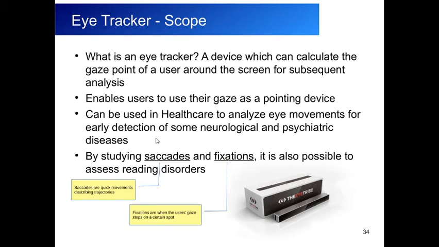It can also be used to analyze the movement for dyslexia and assess reading disorders, because you study the saccades, which means the quick movements that describe trajectories on the screen, so where the eyes go, and the fixations, which is when the gaze stays on a certain position and on a certain part of the screen.